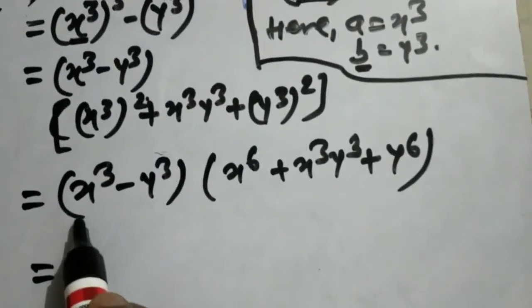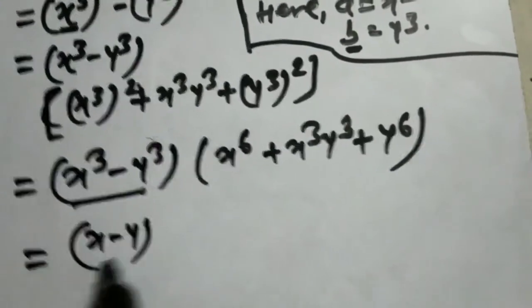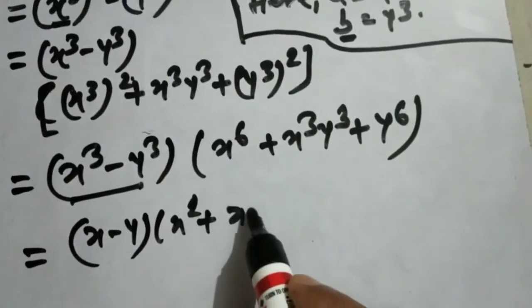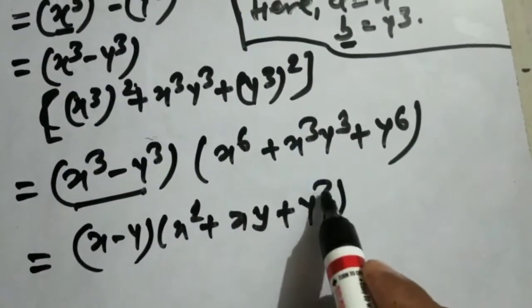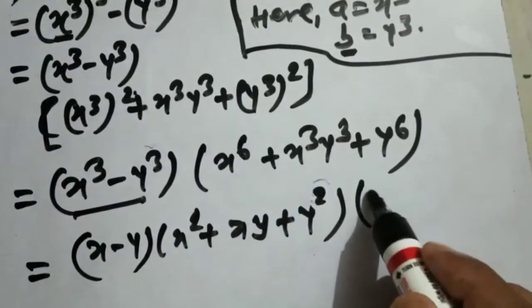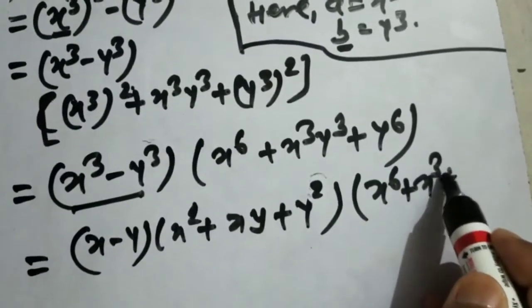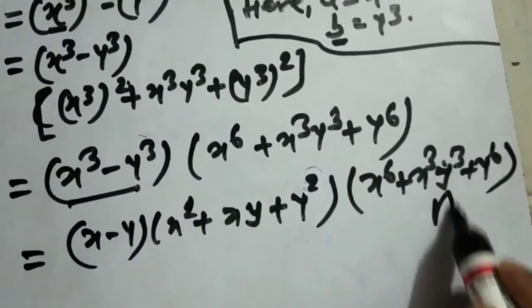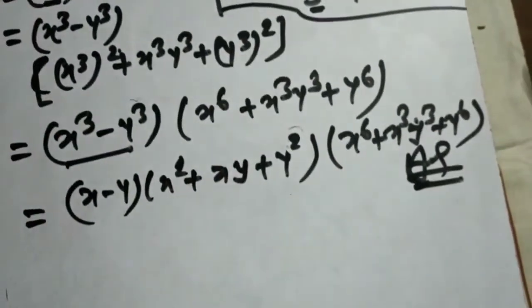Now this is the identity: x cube minus y cube is equal to (x minus y) into (x square plus xy plus y square), sorry, square, and then it will remain the same: x power 6, x cube y cube, and then y power 6.